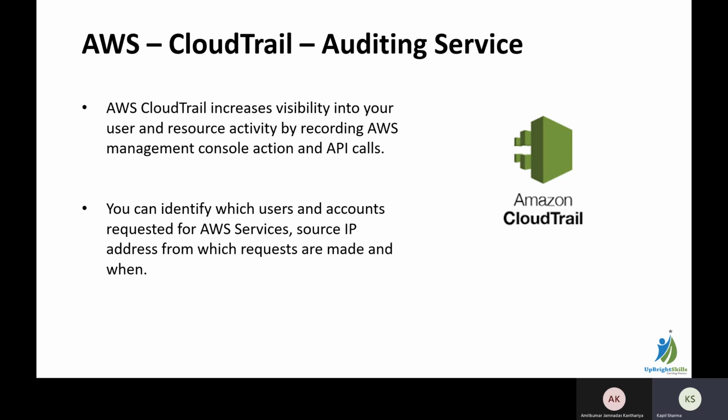If you create an EC2 instance or populate some services, everything will be logged in AWS CloudTrail. You can identify which user and account requested AWS services, from which IP address the requests were made, and when. If you want to do some kind of audit and find out who has done what, this is the service you can check.